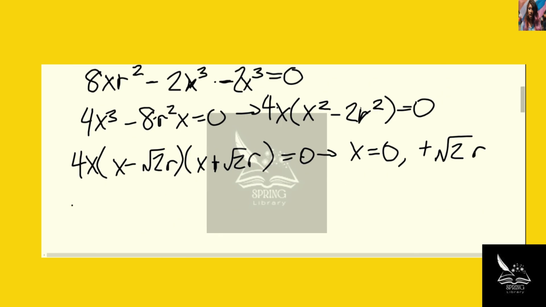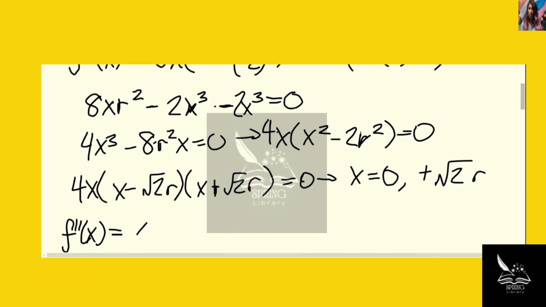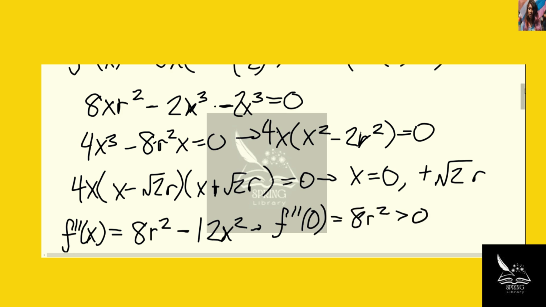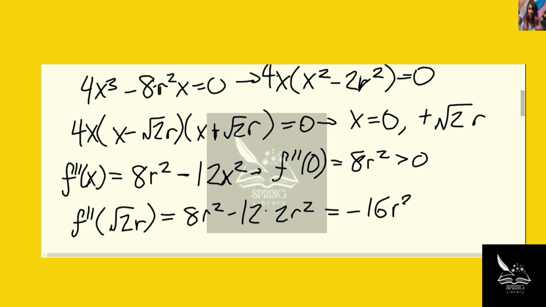Now the second derivative, f double prime of x, is 8r squared minus 12x squared, which if we plug in 0, f double prime of 0 is 8r squared, which of course is positive, and f double prime of root 2 r is 8r squared minus 12 times 2r squared, which is negative 16r squared, which is less than 0.